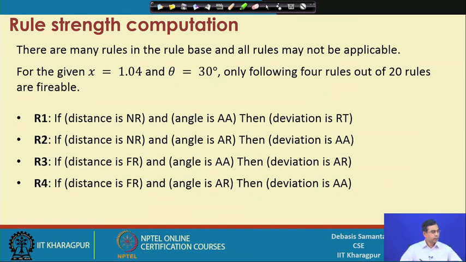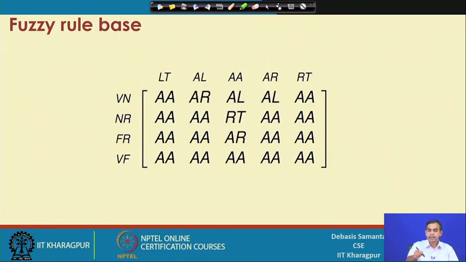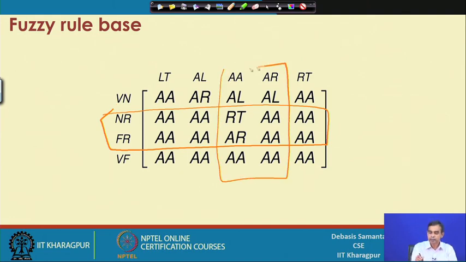Now, one thing we can understand here is that in the current context, out of the 4 linguistic states, only near and far are important. Similarly, out of the 5 linguistic states related to the angular orientation, only these are important.